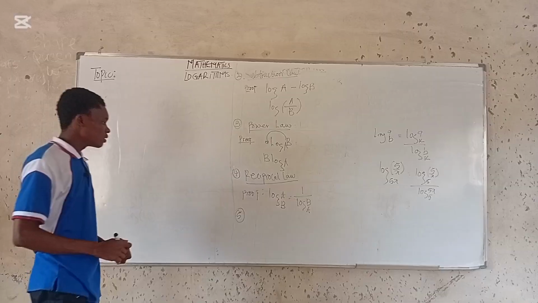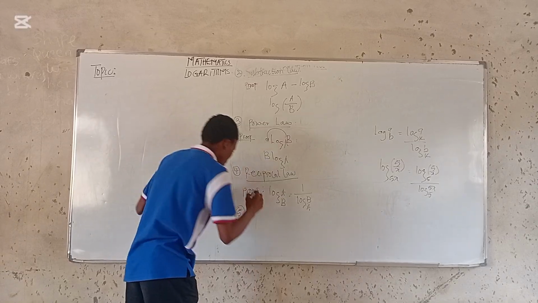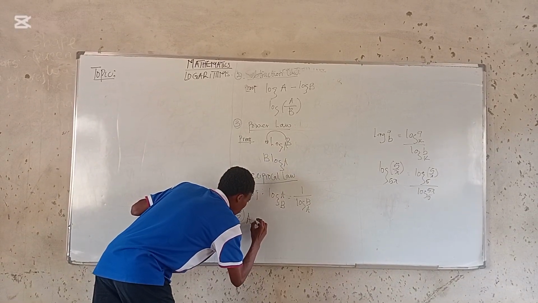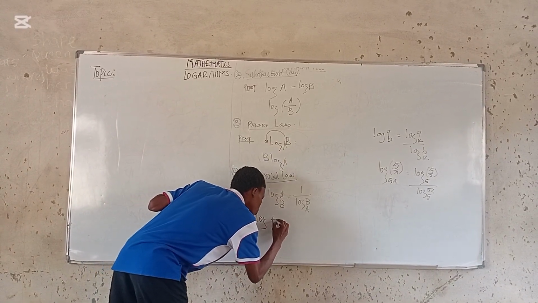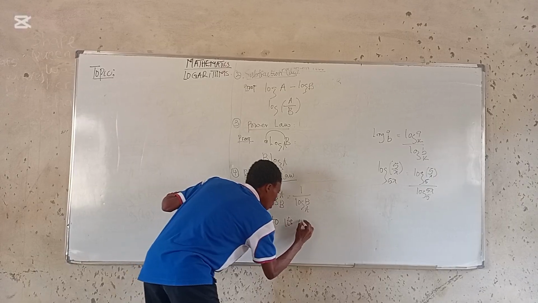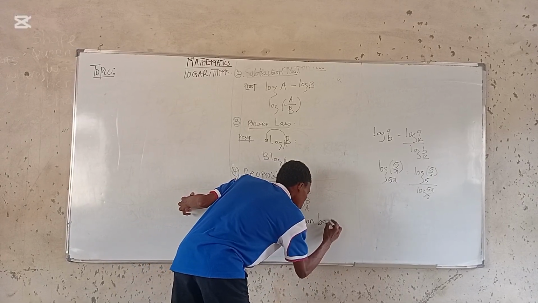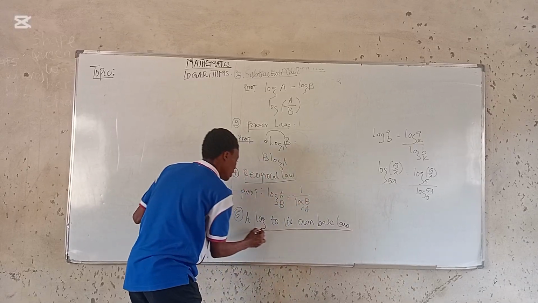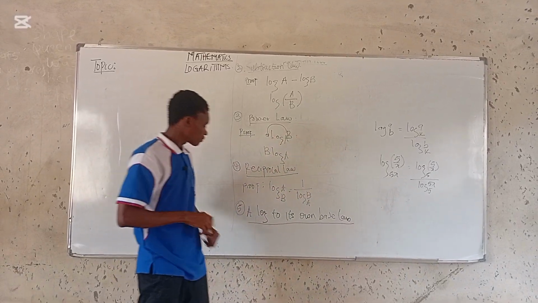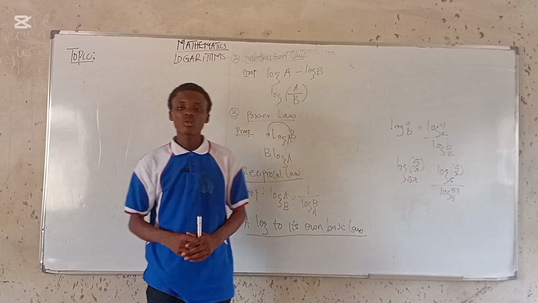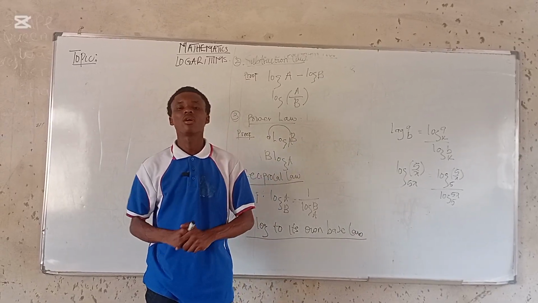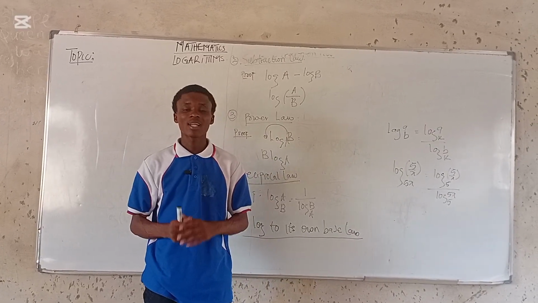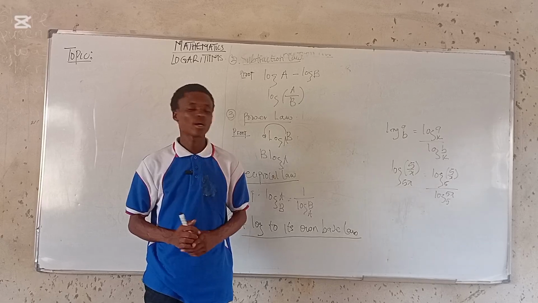All right. The next law we have is the log to its own base law. A log to its own base law states that whenever the log and the base are the same, the result is 1.